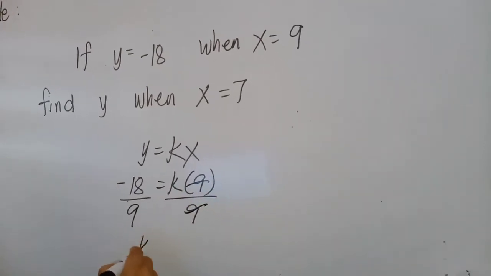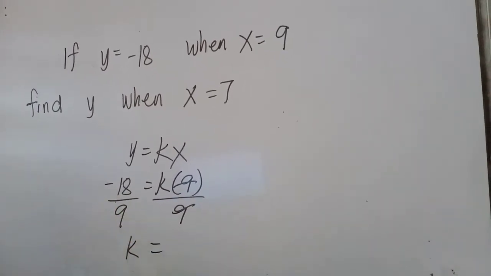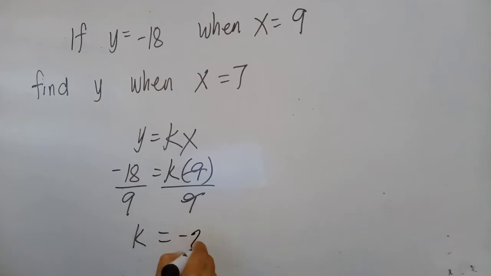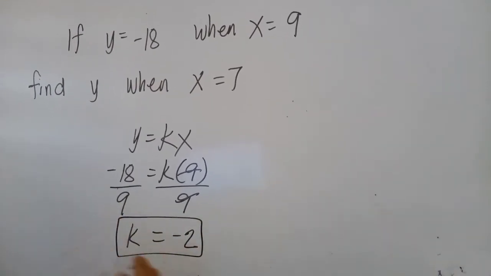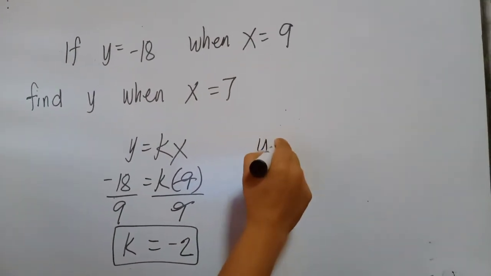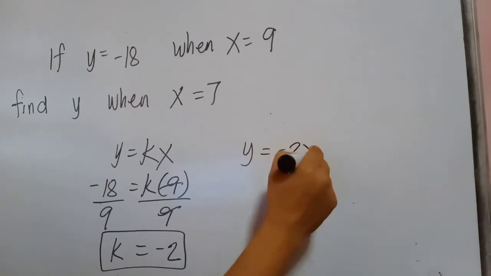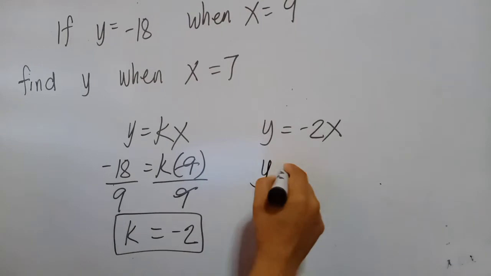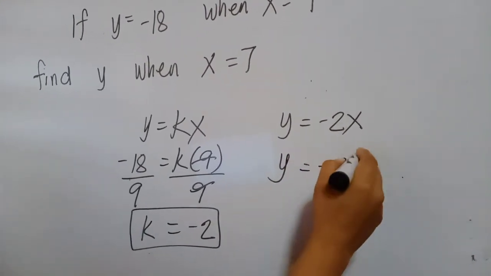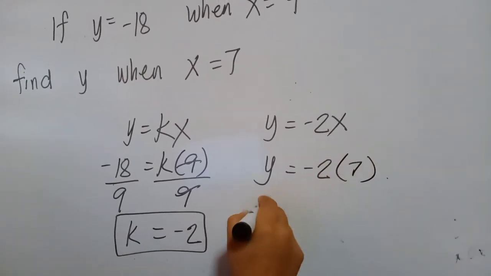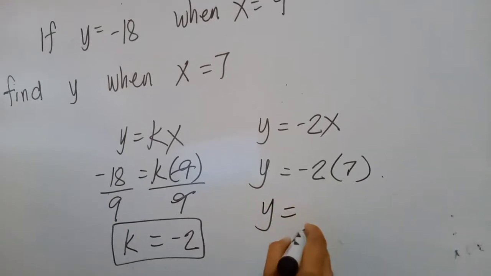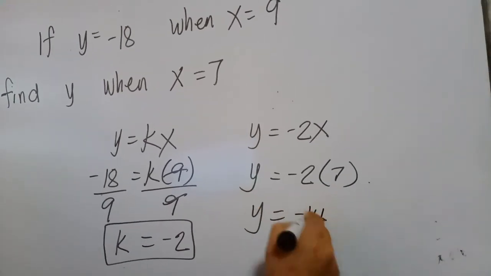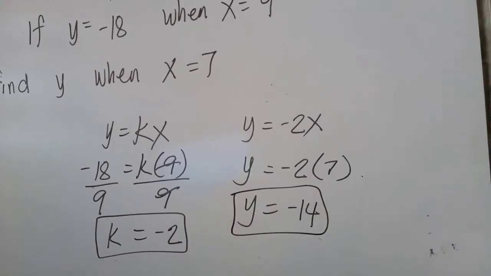We have k equals -18 divided by 9, which is -2. So k equals -2, and our equation will be y equals -2x. Find y when x is 7. Simply substitute x with 7. Therefore, when x is 7, y is -14.